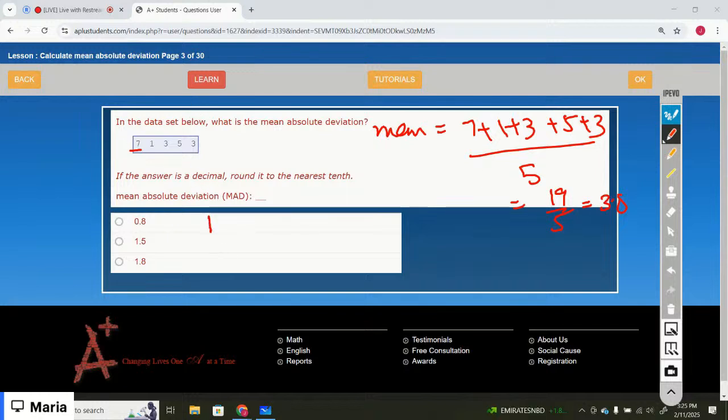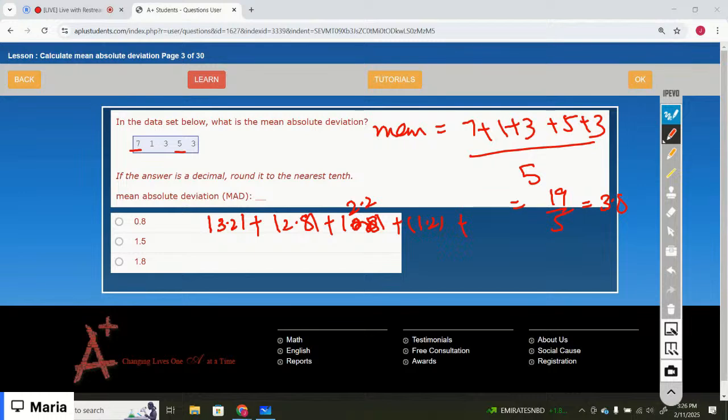7 minus 3.8 is 3.2. 1 minus 3.8 is 2.8. 3 minus 3.8 is 0.8. 5 minus 3.8 is 1.2.